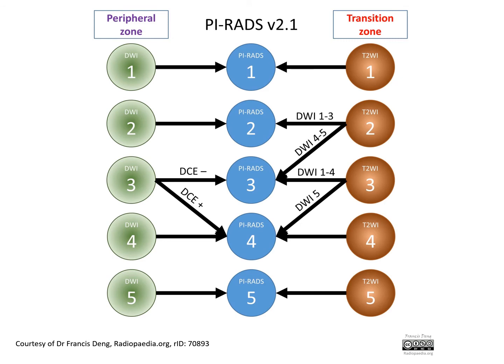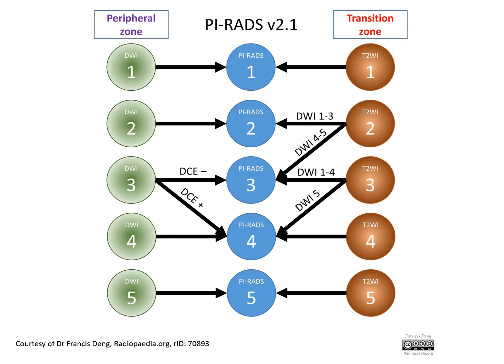If you take the peripheral zone, if you've got a score of 3 on the diffusion weighted imaging, which is intermediate, then you look at the contrast. If the contrast is not showing anything particular, then it stays PIRADS 3. If the contrast is positive, then you get upgraded to PIRADS 4. That's quite important.